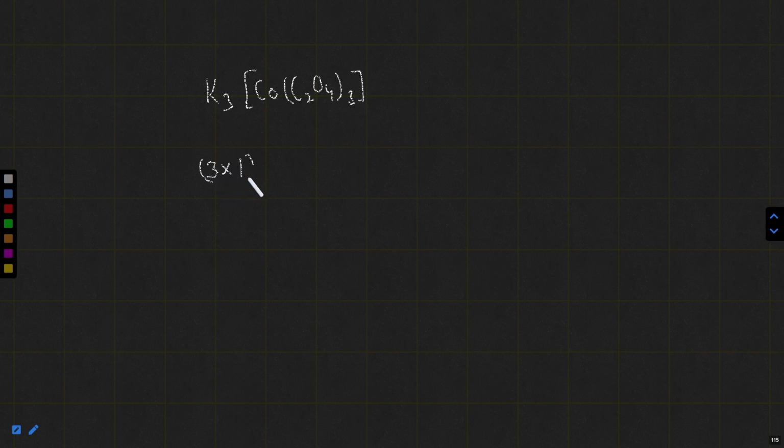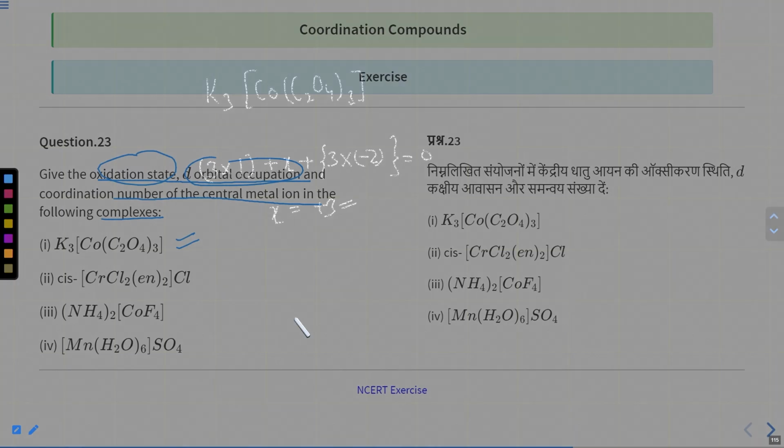Next is cobalt, which we assume as X. Each C2O4 has a charge of 2 negative, and 3 are present, so 3 into 2 negative. The complex overall has a charge of 0. So X minus 6 plus 3 gives +3 oxidation state. So the oxidation state is +3.